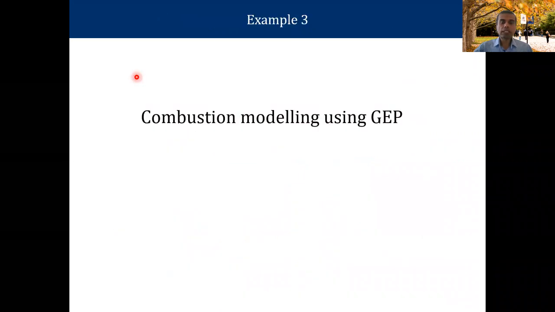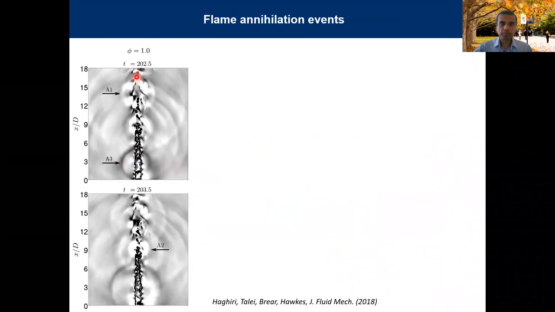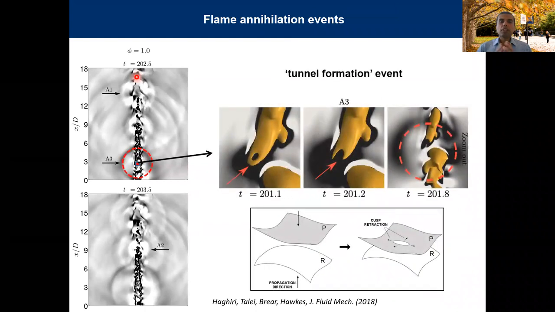So what we did in that work, basically, when you have an annihilation event, you always have a critical point, a point at which the gradient of the progress variable is 0, right? So you can say this is a point of collision.